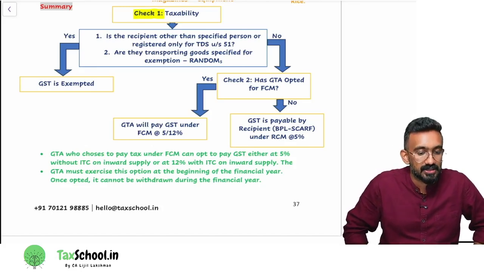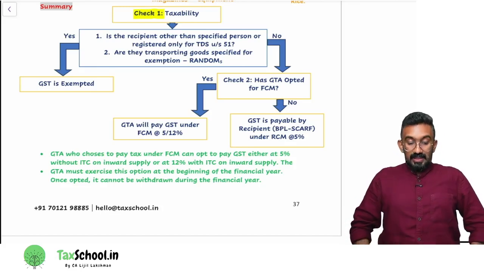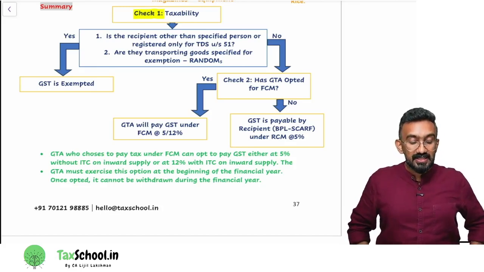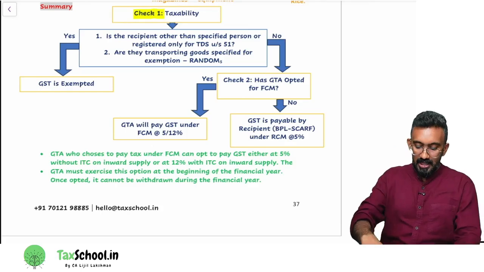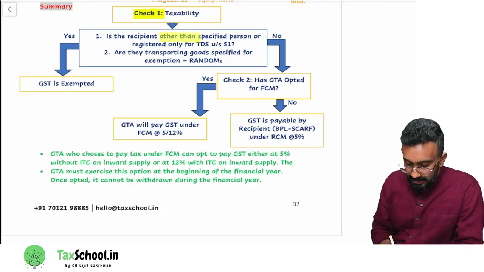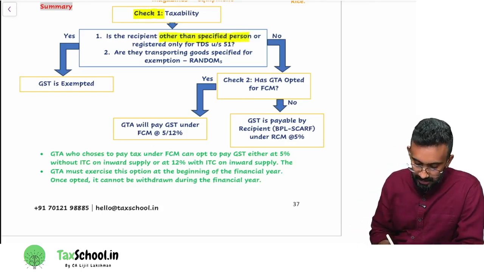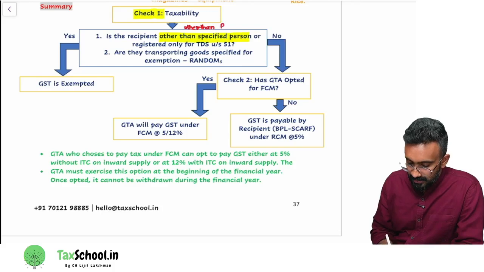How do you check whether it's taxable or not? There are 2 cases where GTA services would be exempted. One, when the recipient is other than a specified person. Other than specified means other than BPL scarf.